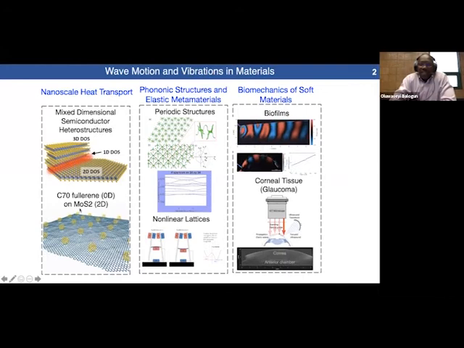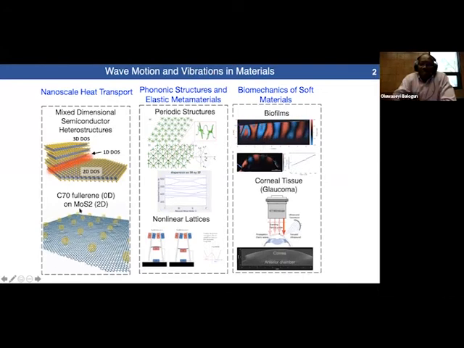These materials are designed for optoelectronic applications as well as nanoelectronic applications. We do this work in collaboration with some colleagues at the Material Science Department, under the auspices of the Northwestern Materials Research Center.